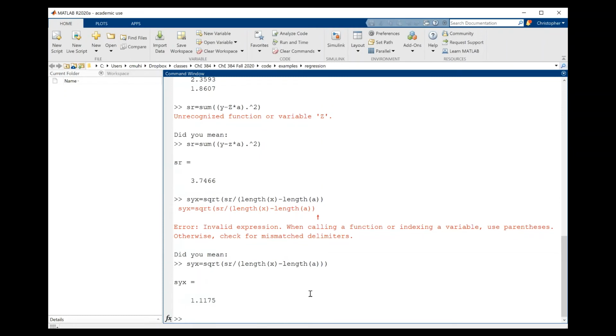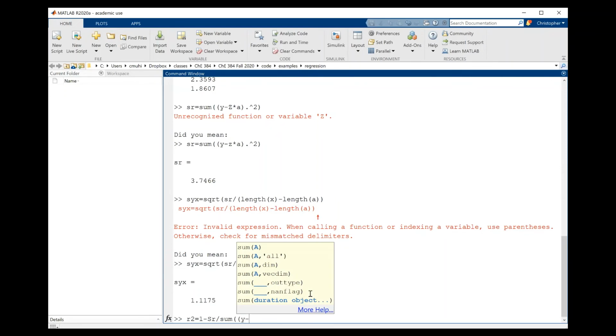We can then finally calculate our r squared value in MATLAB, where we say r squared, or r2, remember, is 1 minus SR over the sum of the variance of y, so we can calculate that directly.